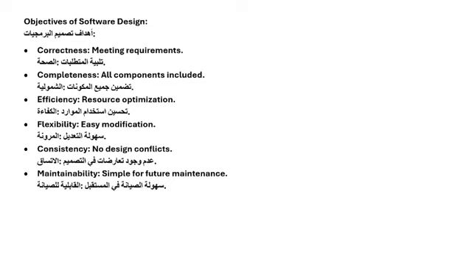When we take this solution and write the code for it, it has to run fast, etc. And it has to be flexible, so that in the future, if we need to change things in the design, add or modify things, we can. It has to be consistent, in a way that all of those parts of the design are not conflicting with each other, and it's maintainable, in a way that we can keep adding more stuff to it and deleting, etc.